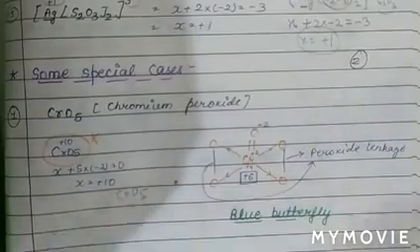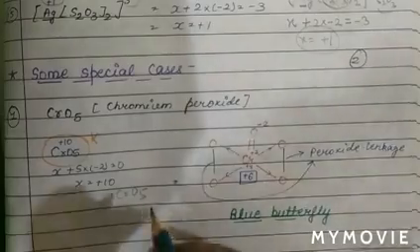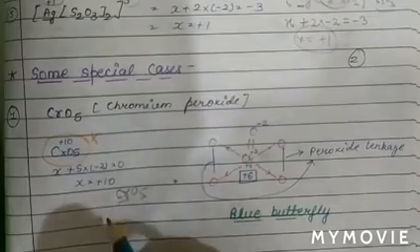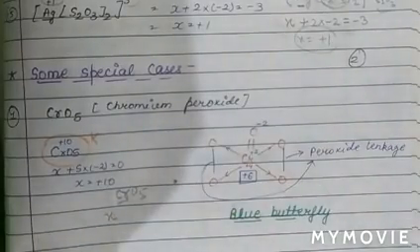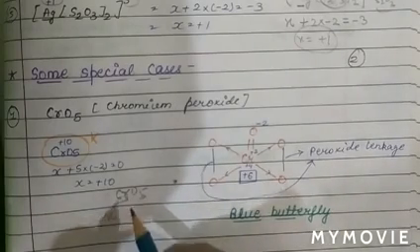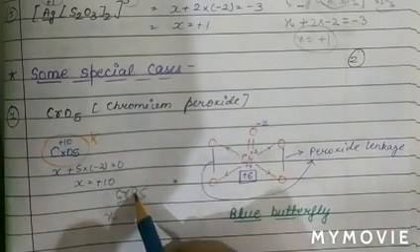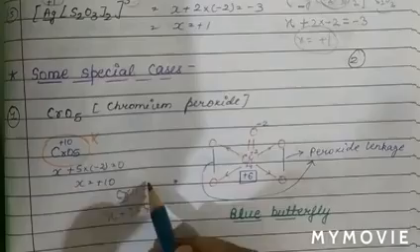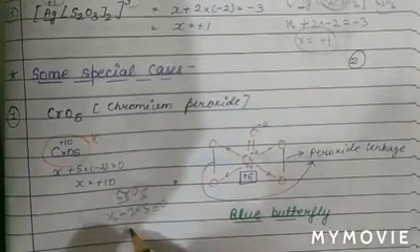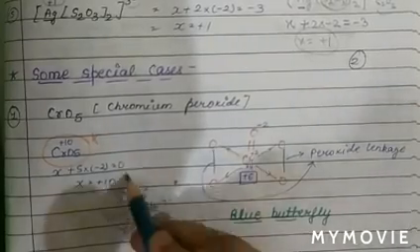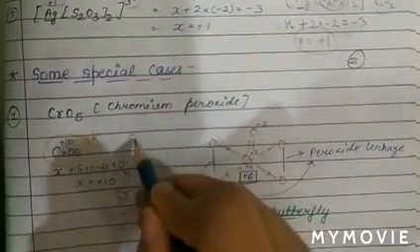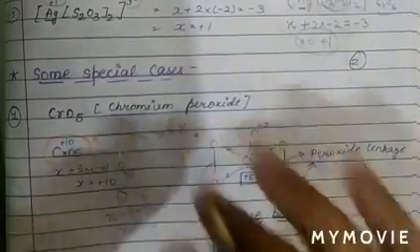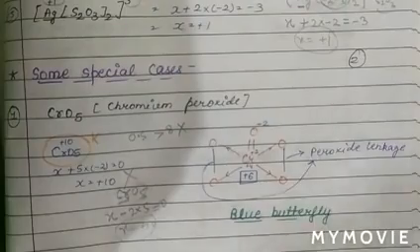In CrO5, when we calculate the oxidation number directly, let X be the oxidation number of chromium. Taking oxygen as oxidation state -2, -2 into 5, and charge on this molecule is 0. So X comes to 10, which is wrong.